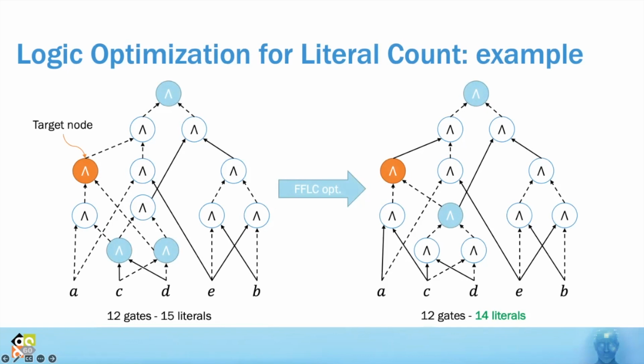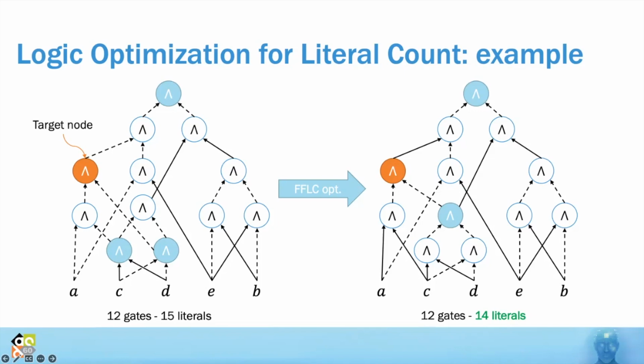Here is an example of factor form literal optimization applied to a graph. On the left, there is an AIG that contains 3 factor forms and has 15 literals. By applying some optimization, in particular a resubstitution applied to the target node, we can reduce the number of factor forms inside the AIG and reduce the number of literals from 15 to 14.